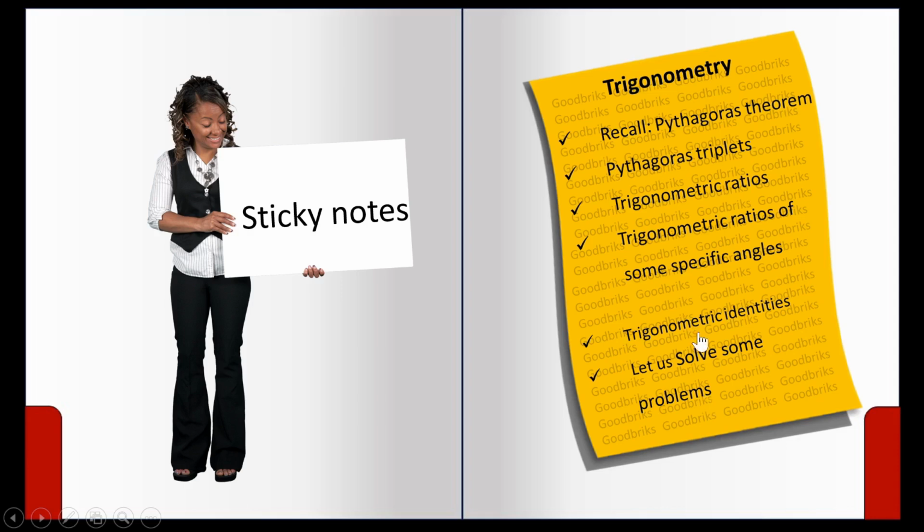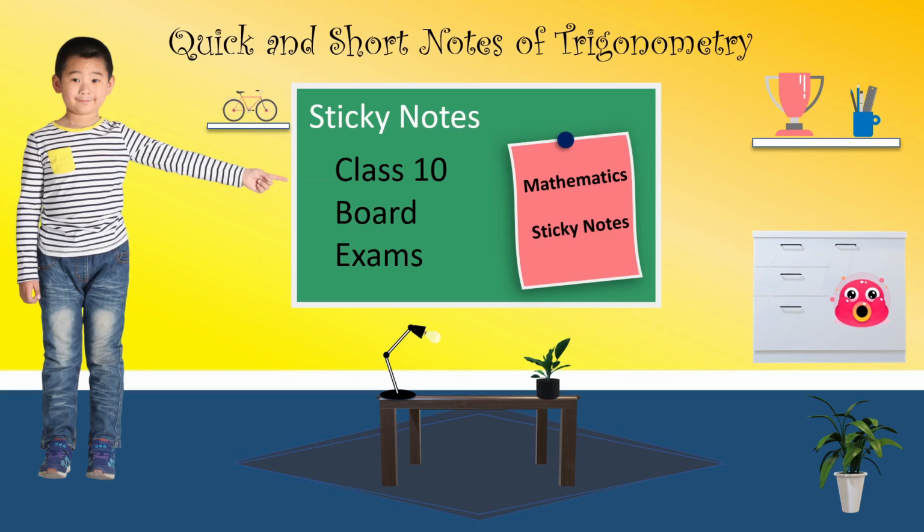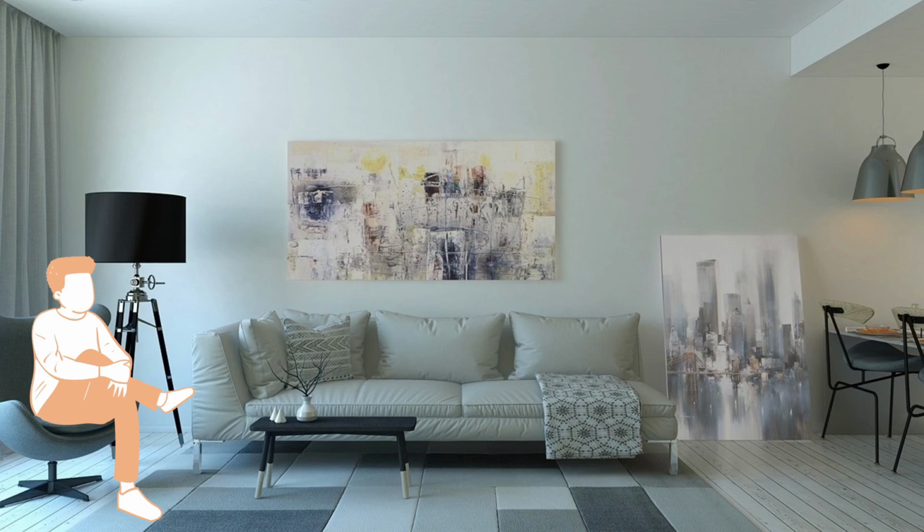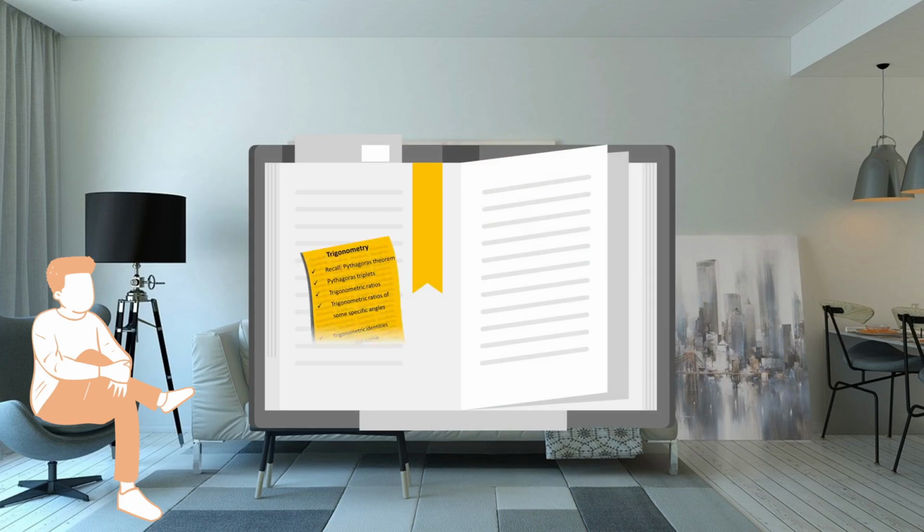You can paste these sticky notes in your notebook, on notice boards, or even on walls. And whenever you find leisure time, you can quickly open your notebook and do a very fast revision of a particular chapter just by turning your pages. With the help of sticky notes, you can quickly revise all the mathematics chapters.